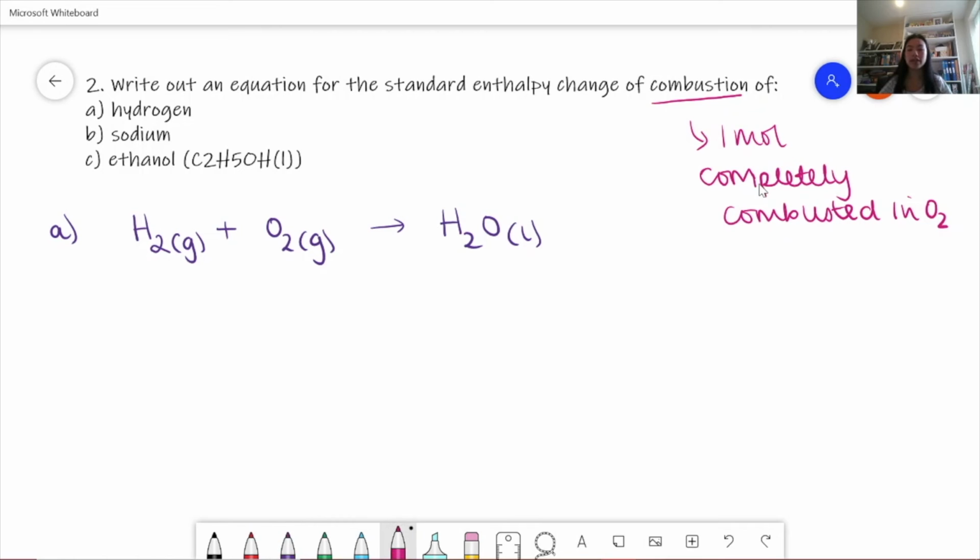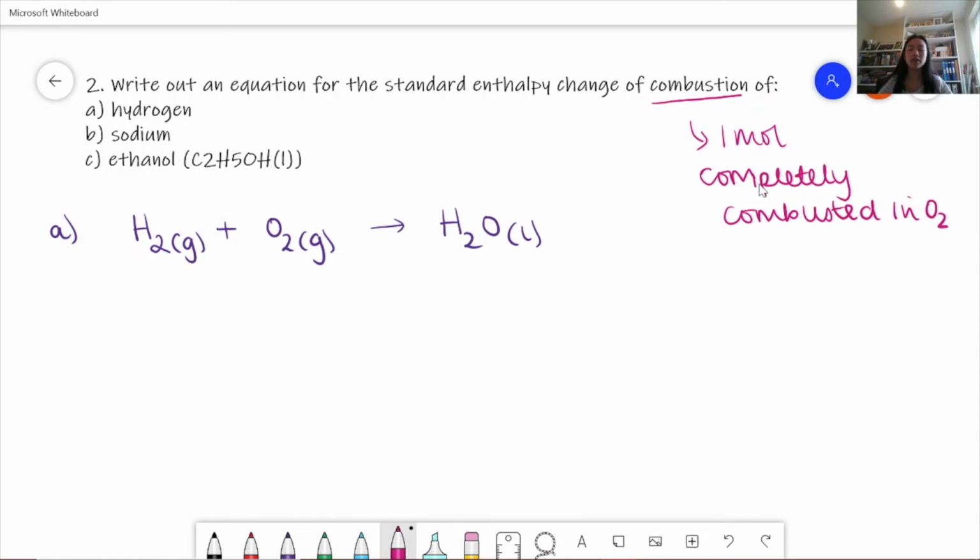And now we have to balance. So we think, okay, we're only using 1 mole of this, so we can't change the number in front of the hydrogen. So we've got 2 hydrogens here, and we've actually got 2 hydrogens on the right, so that's fine, we don't need to change anything. But then we've got 2 oxygens here and 1 oxygen here.